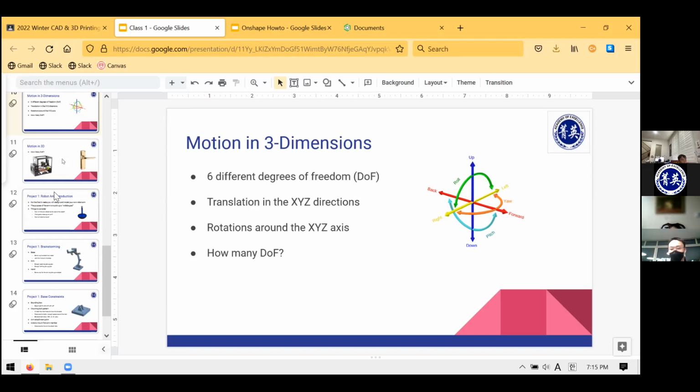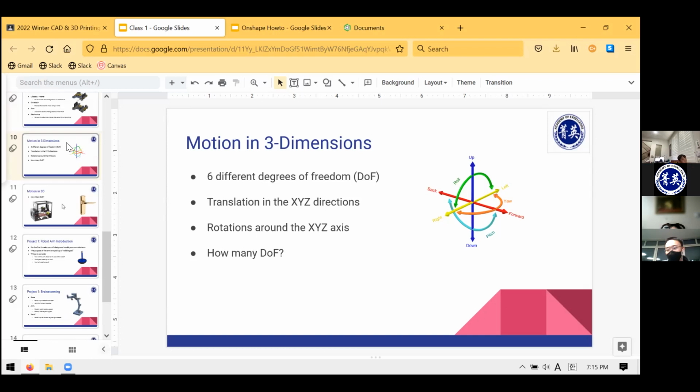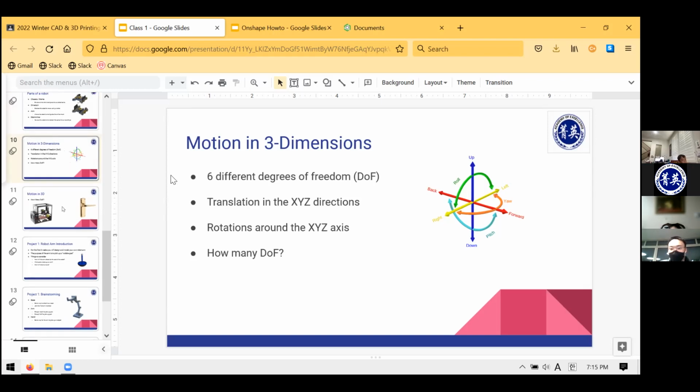If that made sense, that's great. If that didn't make too much sense, don't worry about it. It's not that critical. It's mostly just so I can use this terminology, and it will be pretty useful in terms of how you think about objects, both in real life and in the CAD and Onshape workspace.